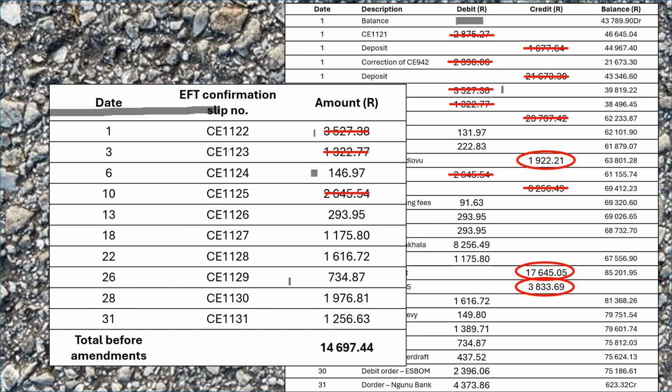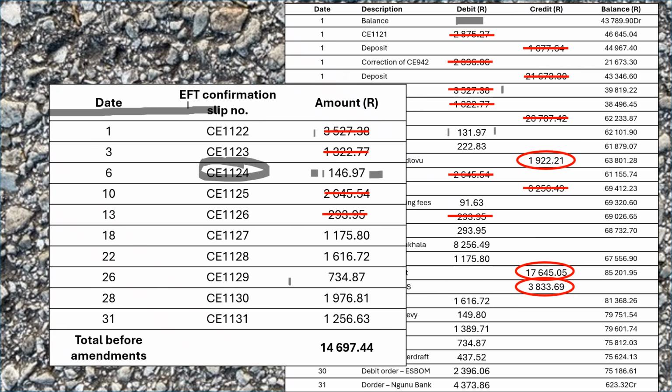Now look here, 146 and 131. They do actually have the same reference. EFT 1124, Calibre Education 1124, EFT. We got in our books 14697 and the bank has 13197. One of us has made a mistake. We're going to have to see the information to find out who has made the mistake.